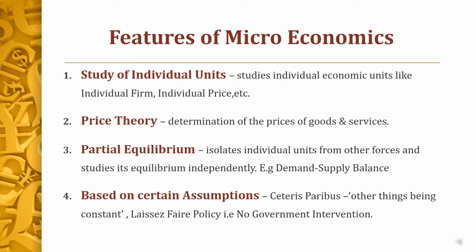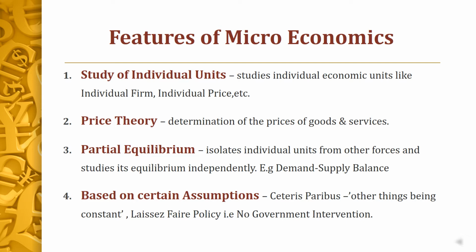The next feature is that it is based on certain assumptions. When there are laws formed by different economists, for example, Alfred Marshall has given various laws of economics like the law of demand and the law of diminishing marginal utility, all these laws are based on certain assumptions.